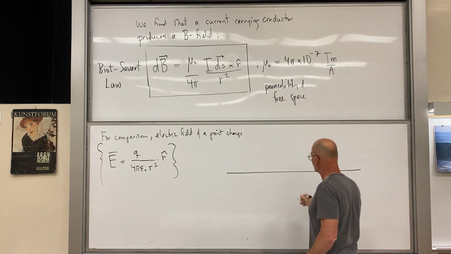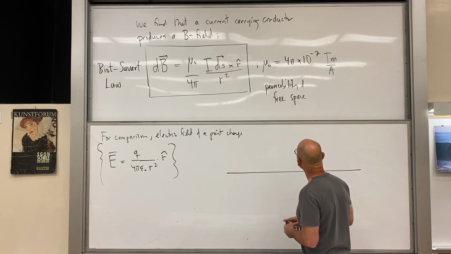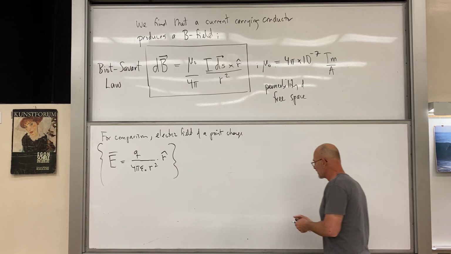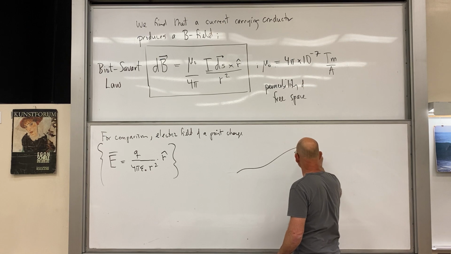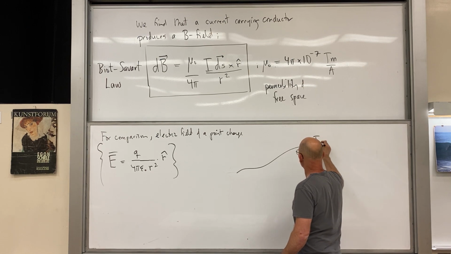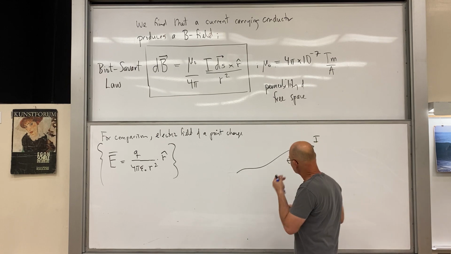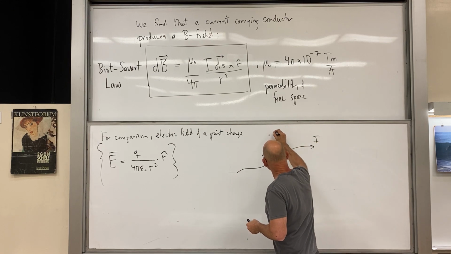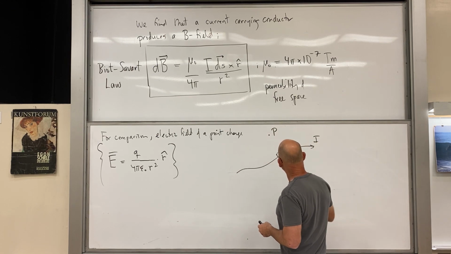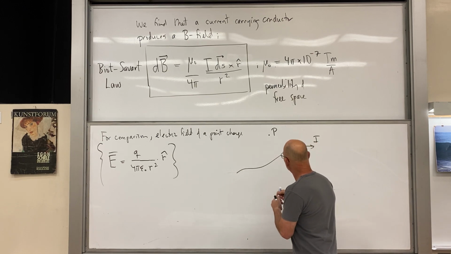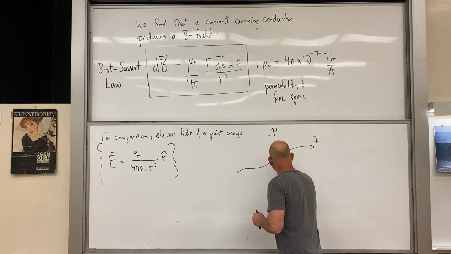Suppose we have a straight current. Well, actually, we'll start with something not exactly straight. So there's a current going through here, and we have just some point P here, and let's take the force due to this little segment.